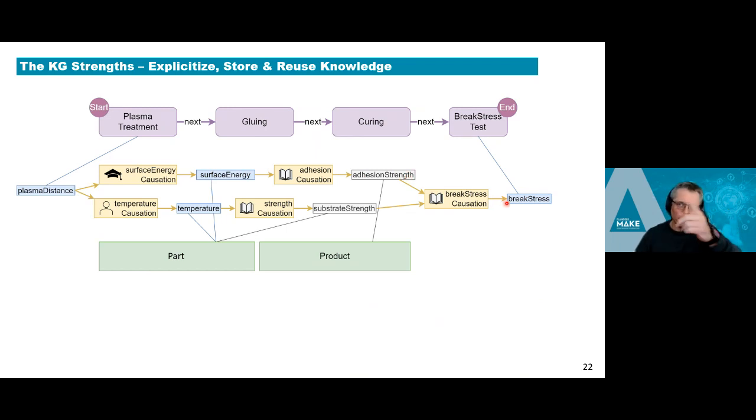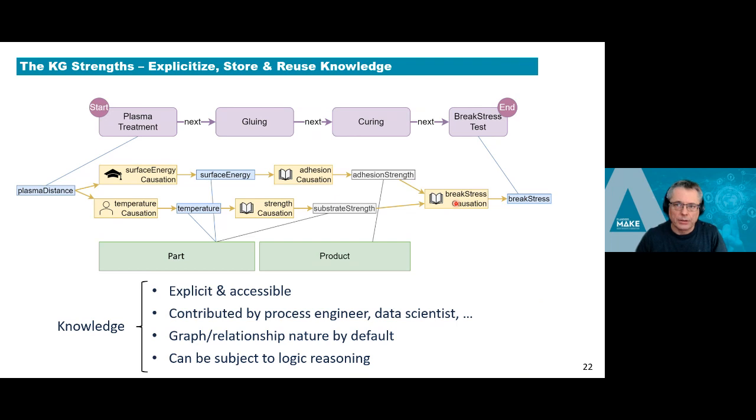I'm saying more than what you see on the screen, but that can be included in the knowledge graph. On the other hand, our operators said, but if we make the plasma distance too small, then we overheat. We burn the part, so we can't do that either. It's a negative influence. But at least the knowledge graph is able to capture that and to make it explicit and accessible to all people involved.